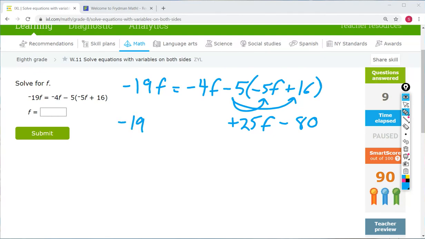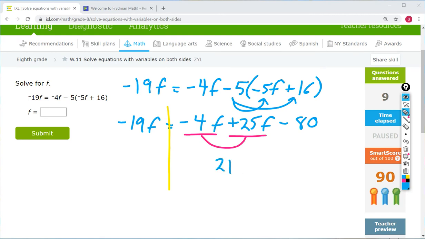So we have negative 19f equals negative 4f plus 25f minus 80. Now, since these two terms are on the same side of the equal sign, we can just combine them straight away. So negative 4 plus 25, different symbols subtract. 25 minus 4 is 21.